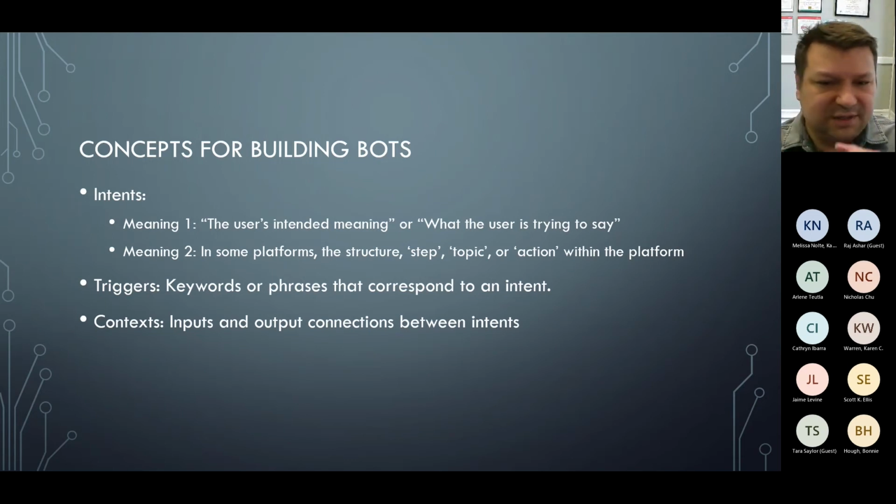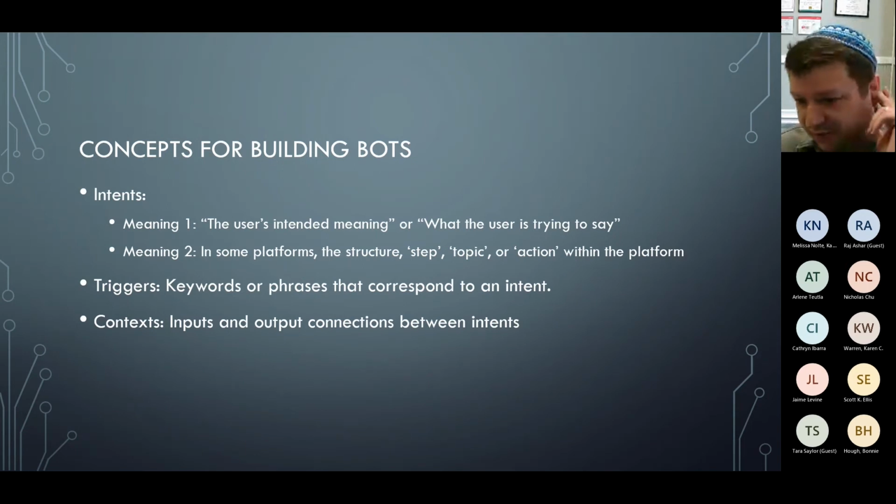The other meaning is in some platforms, in particular Google Dialogflow, the page where you configure an intent and configure all the details of how it should react when it's determining somebody's intent and how it should determine it. They call that page an intent. So it could be a little bit confusing because it's like, are we talking about intent as a concept, or are we talking about intent as this specific page in the system where you interact with it?